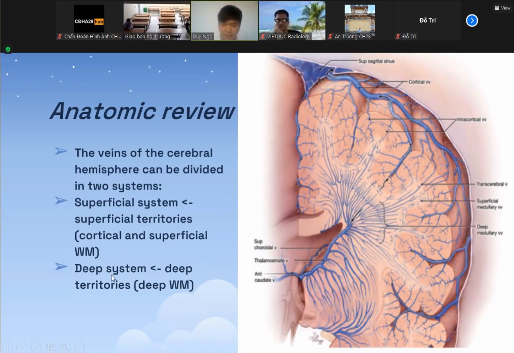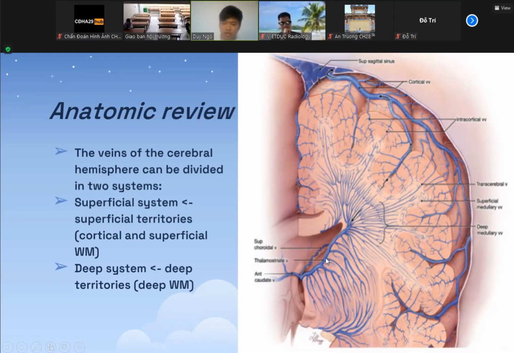The second system is the deep venous system, like the vein of Galen, the vein of Rosenthal, the internal cerebral vein, or the thalamostriate vein, which most likely drains the blood flow from the deep region of the brain, like the deep white matter or deep gray matter, into the deep venous system.